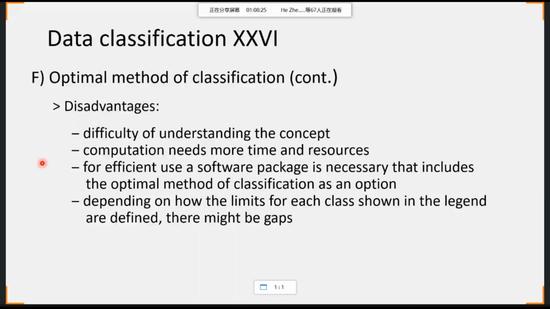For efficient use, a software package is necessary that includes the optimal method of classification as an option. Then it's relatively easy if you have this available. Depending on how the limits for each class shown in the legend are defined, there might be gaps. But yeah, I talked about that. You have this problem with nearly all of the classification methods.